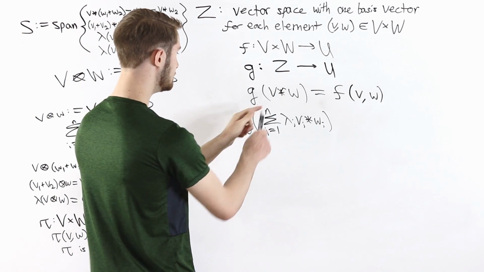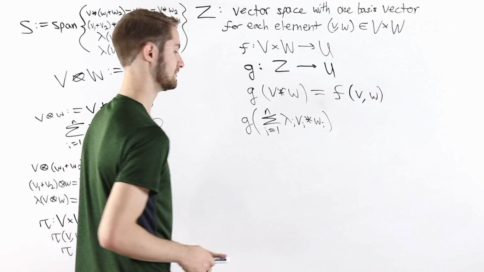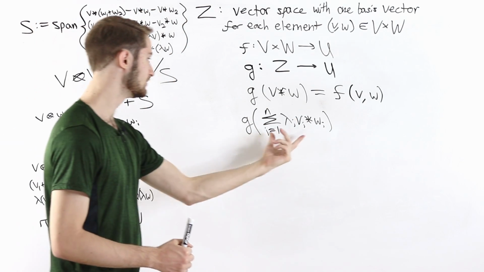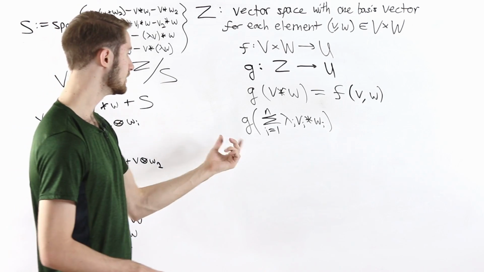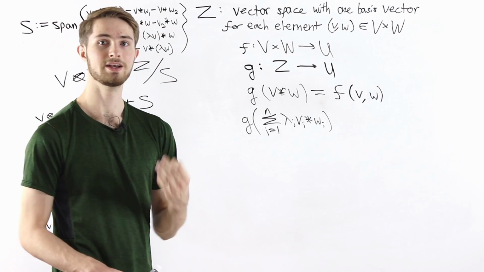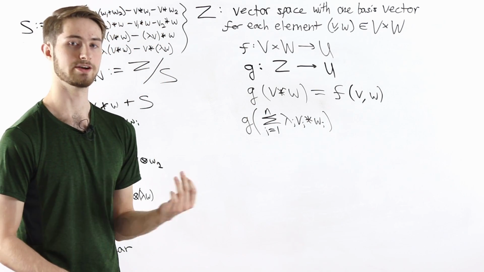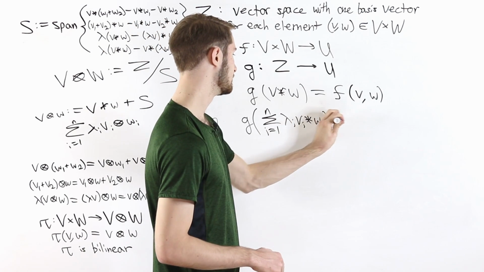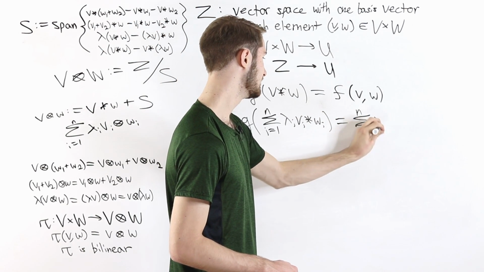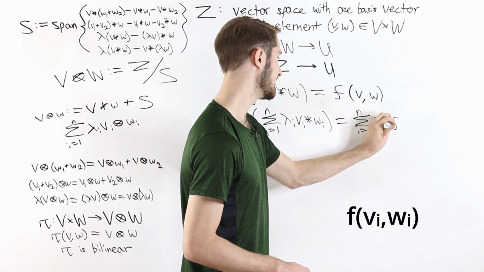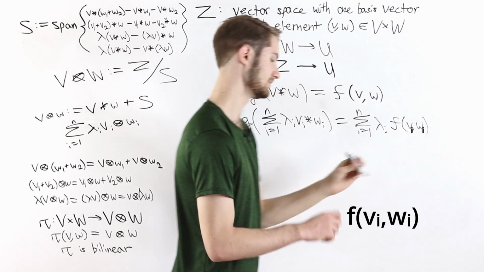Well, we know g applied to v star w. If we want to extend that to a finite linear combination like this, then there's only one way we can make this extension and still have g be a linear map. In particular, we have to define this as the sum of i equals 1 to n of lambda i times f of (v_i, w_i).